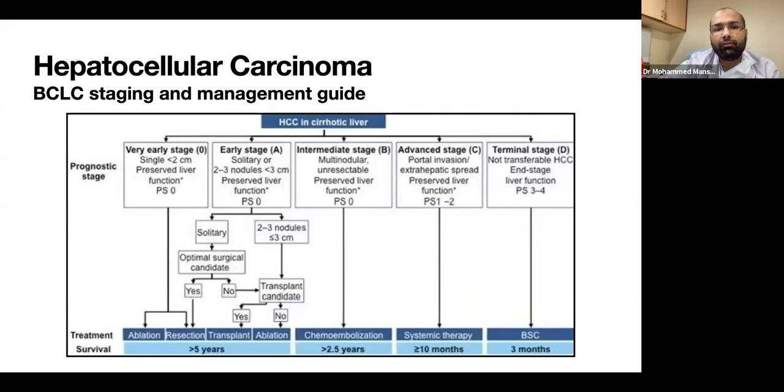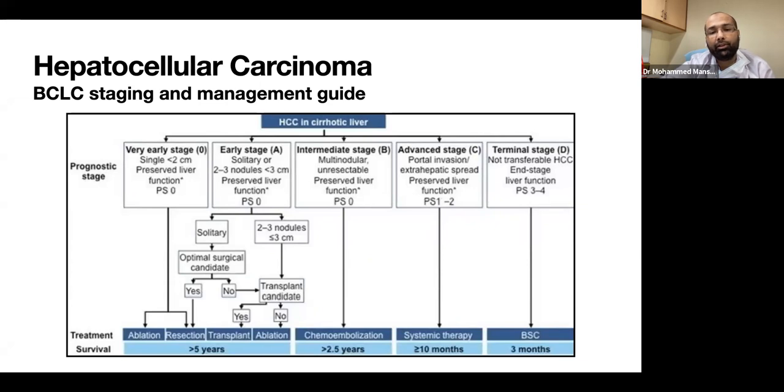The staging of hepatocellular carcinoma is the BCLC staging, that's the Barcelona Clinic Liver Cancer staging. This is the chart that shows us the management guide in HCC. So we have the very early stage and early stage. These patients are very few in number.